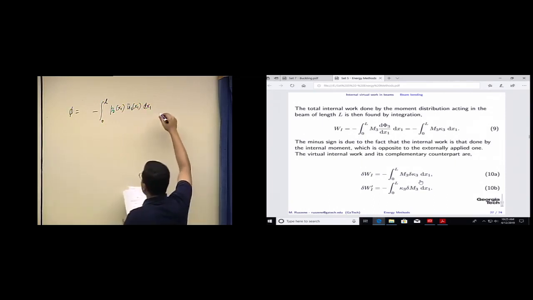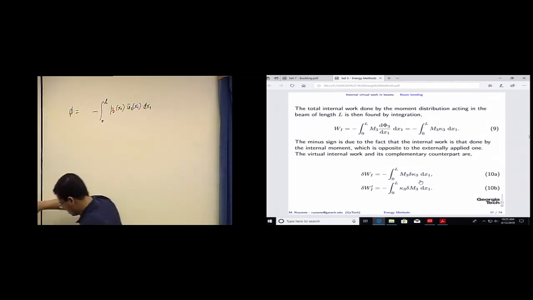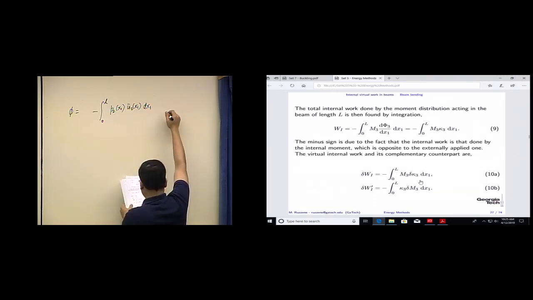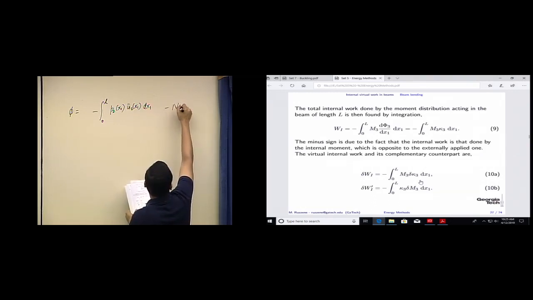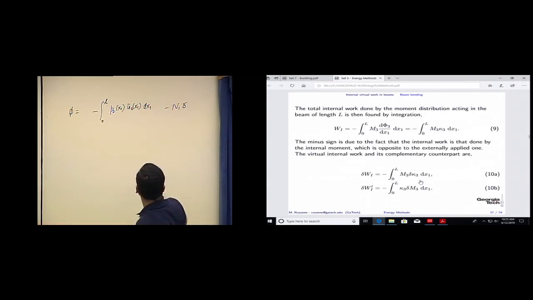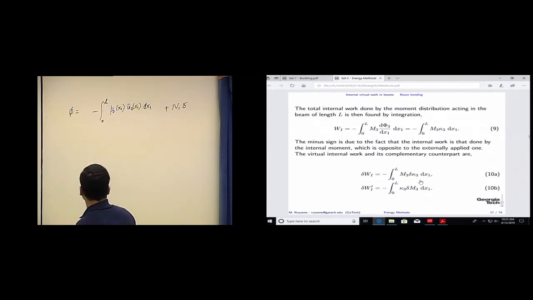Okay, and then we have a component due to N1, so that will become minus N1 delta. But N1 is applied along positive I1, so it will be plus N1 delta. Okay, so what's delta?